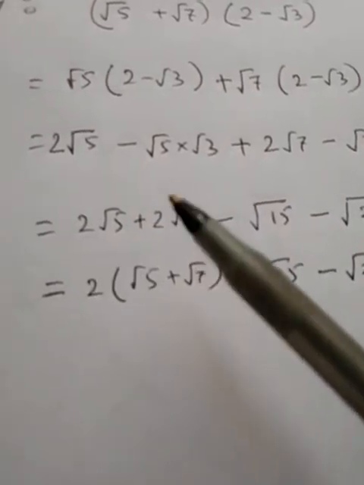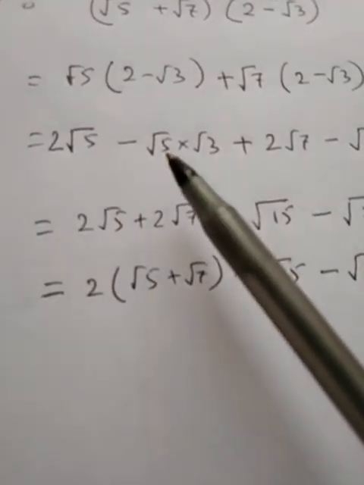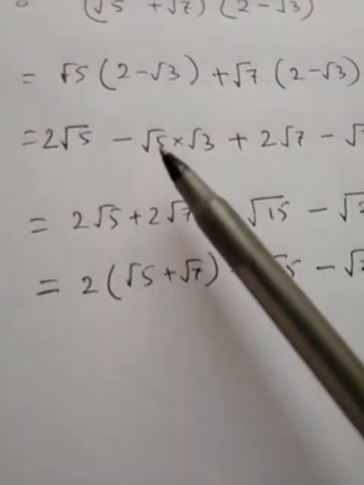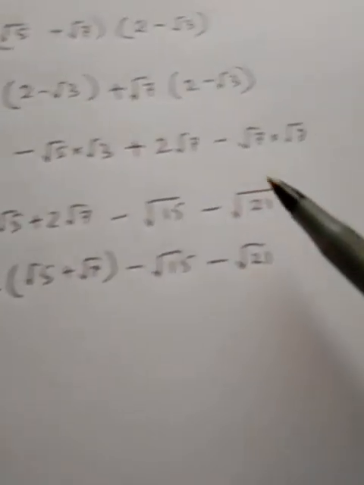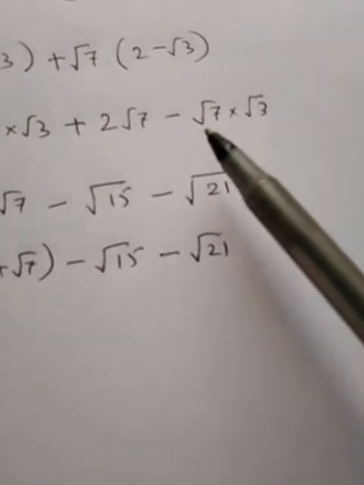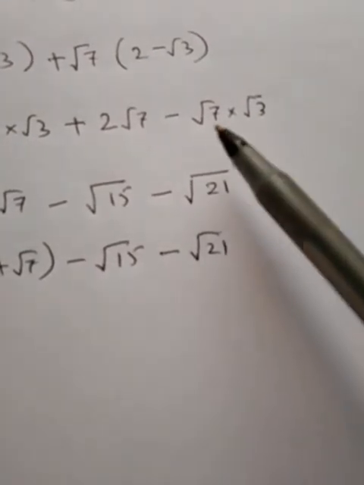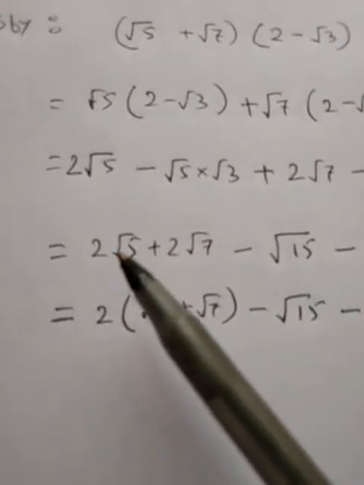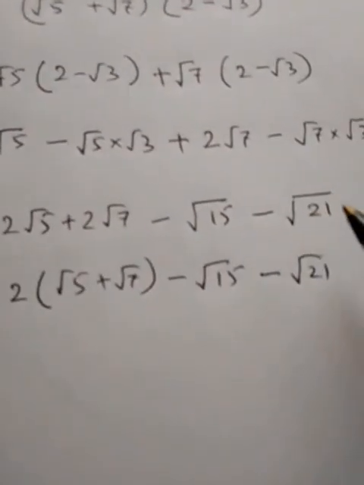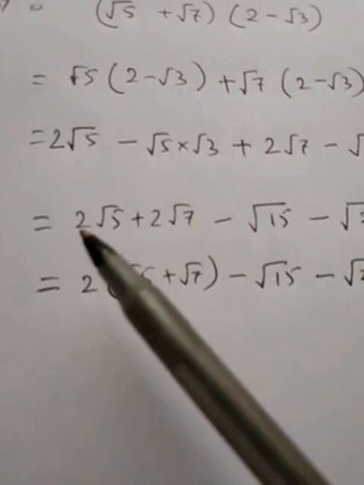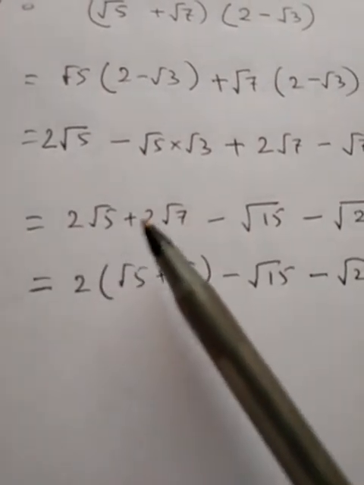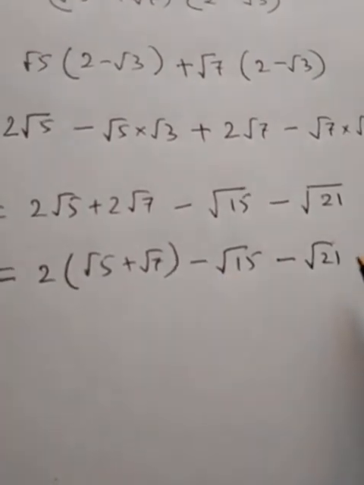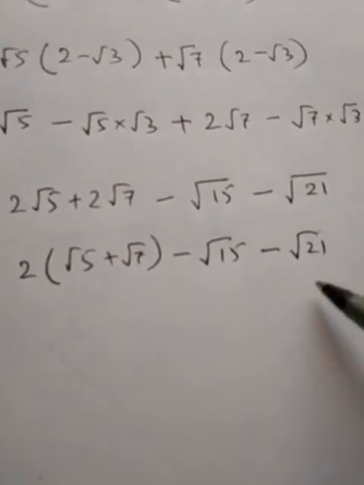Minus root over 5 into root 3, we can write as root over 15, because 5 and 3 will be multiplied. Similarly, root over 7 and 3 will be multiplied, so it will become root over 21. So we can finish this simplification in this step, or else you can write one more line taking 2 common, root 5 plus root 7, and this can be the answer.